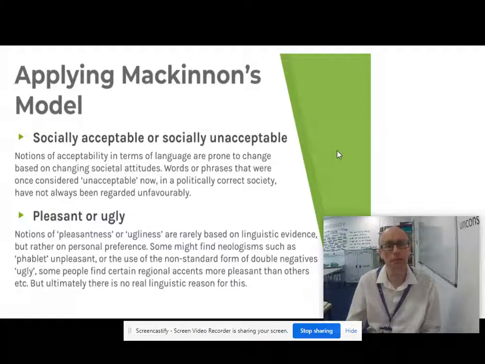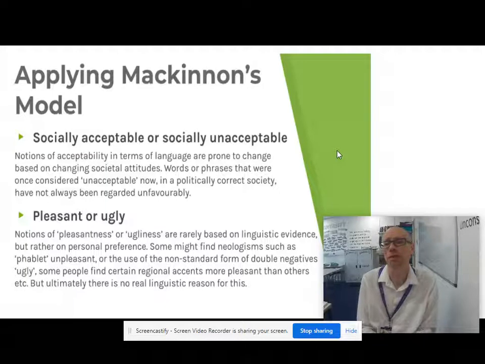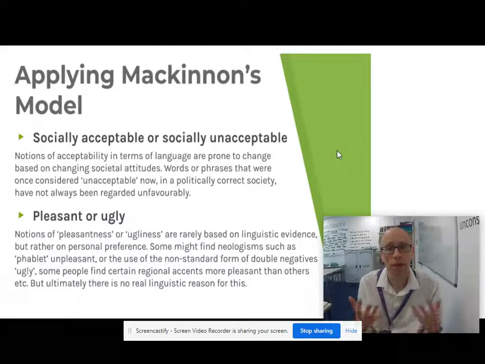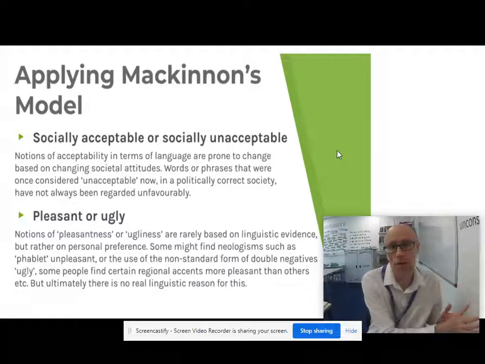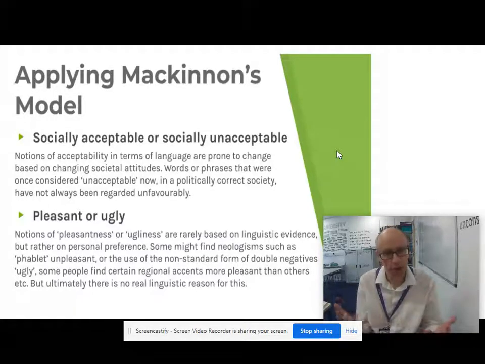Now, these are useful binary opposites that Donald MacKinnon came up with. So in terms of social acceptability, notions of what is acceptable obviously change with society. If you think about words that represent issues to do with gender and race, words that were considered acceptable 50 years ago would now be deemed completely unacceptable today. Okay, so there is change going on there. You've also got this notion of the aesthetic responses that people have, which are very subjective towards language.